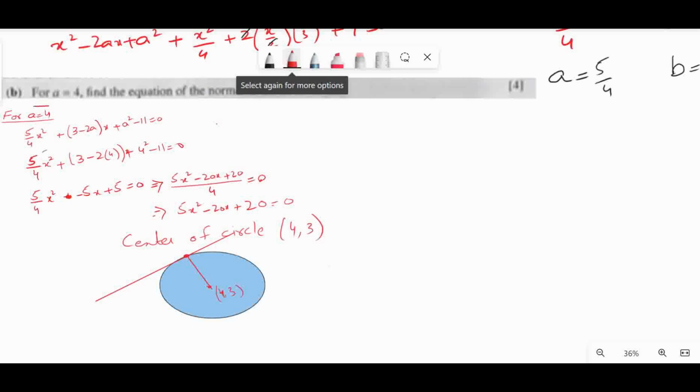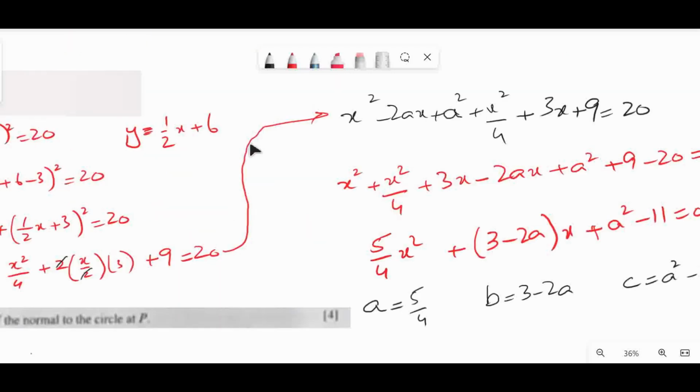Now from here we can see that we have the equation of the tangent line. The gradient of this line is 1 by 2, and we found it in the previous part also, that the equation of the tangent line is y equals 1 by 2x plus 6.